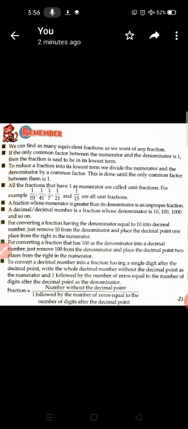Next, if the only common factor between the numerator and the denominator is 1, then the fraction is said to be in the lowest term. As we know, by taking the same fraction 1 by 2, for the numerator 1 and for the denominator 2, there is no common factor.